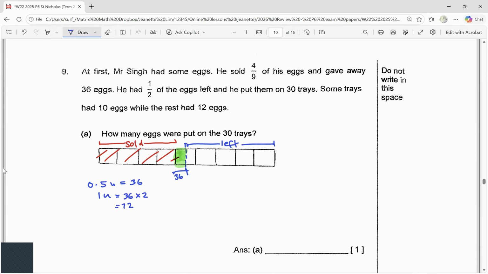So 1 unit is 72. What's left will be 4.5 units. So 4.5 times 72 is 324. Okay, so the answer is 324 eggs.